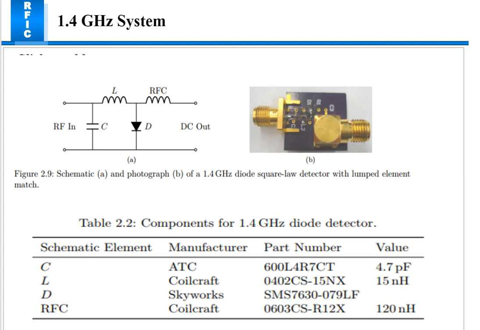Now I'm going to explain the 1.4 gigahertz system. In this chapter, there was a section on 1.4 gigahertz, and now I'm going to explain this figure as I have mentioned in this presentation.